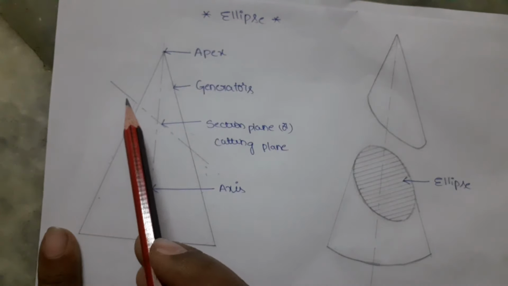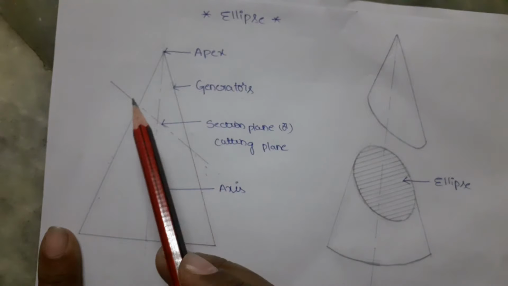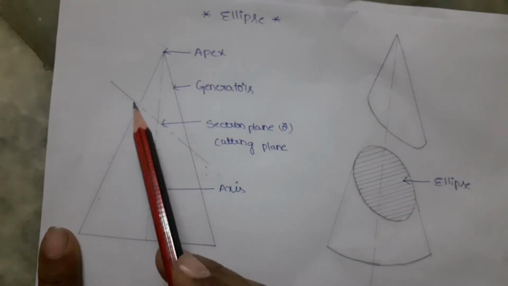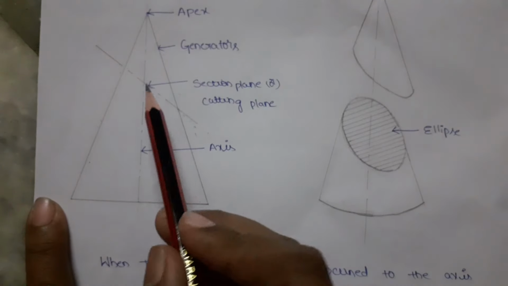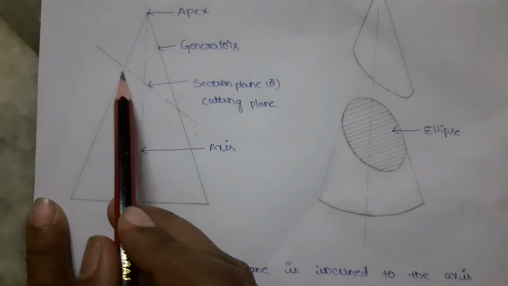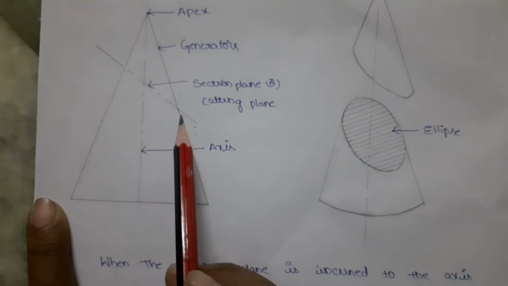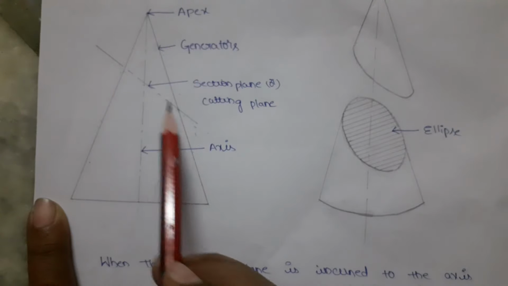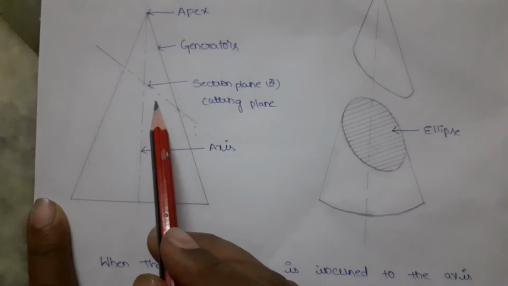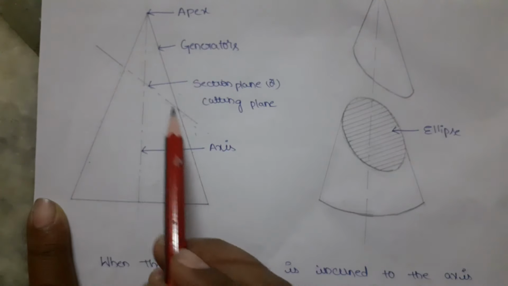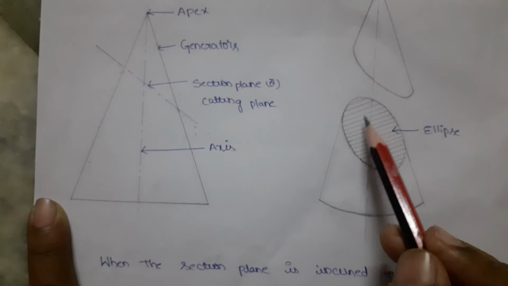If you cut the cone with the section plane which is passing through the axis and touching the two generators, the section plane is inclined to the axis and passes through both the generators. So your cutting plane is cutting the cone from the two generators and the axis, and the shape obtained will look like an ellipse.